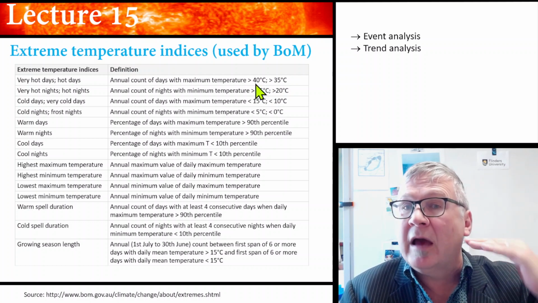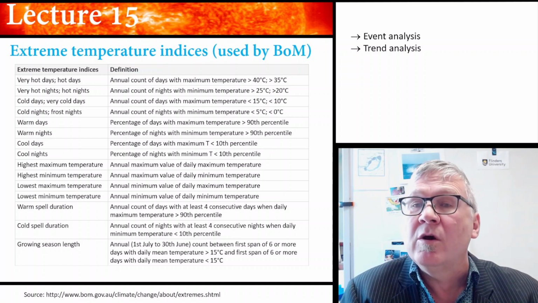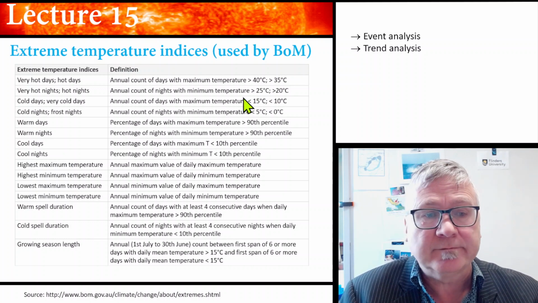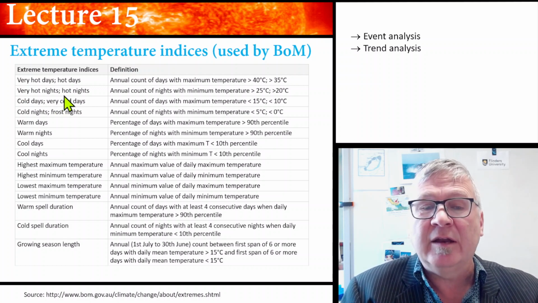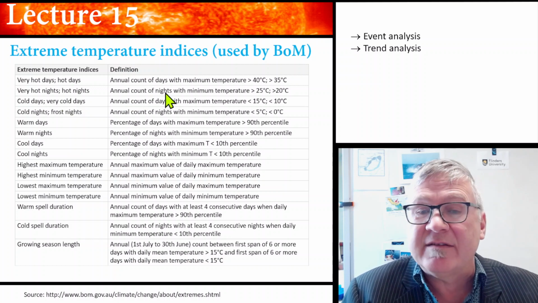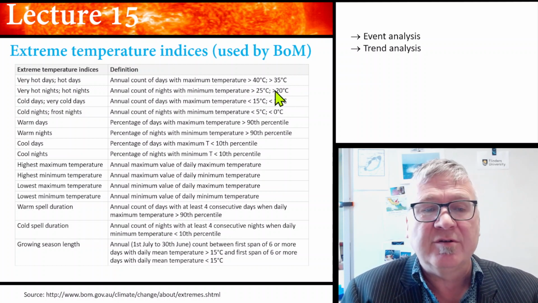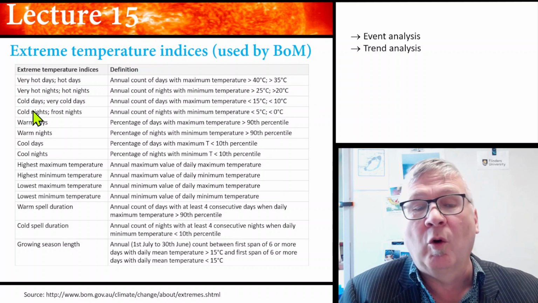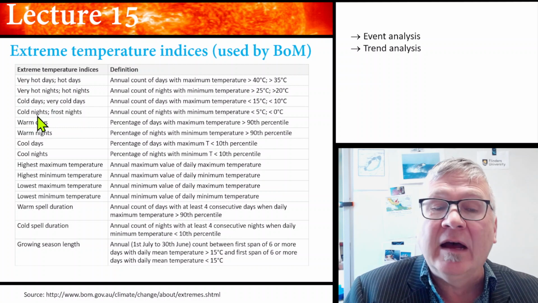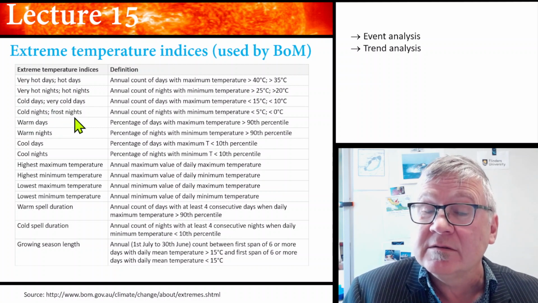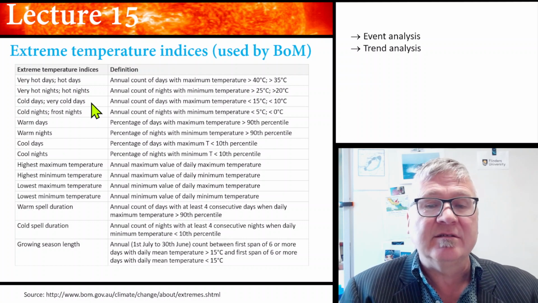You just count the days, and then you can see whether this number increases or decreases. Very hot nights and hot nights are about the nights with minimum temperatures above a certain range. You can do the same thing for cold nights, cold days, very cold days, very cold nights, and frost nights, where the temperature is below 0 degrees Celsius.